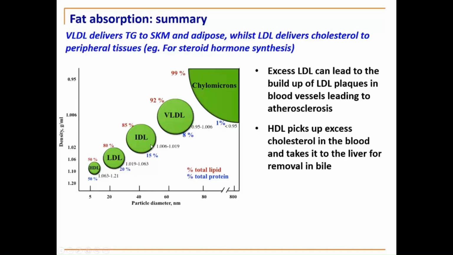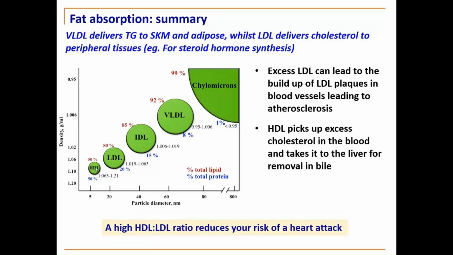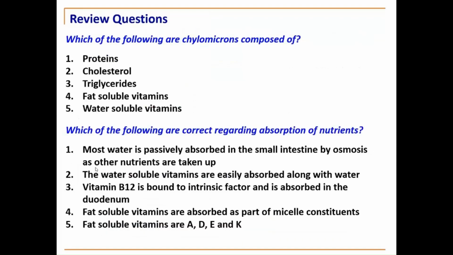IDL is intermediate density lipoprotein, so in between LDLs and VLDLs. And then you've got your high density lipoproteins as well. And of course, a high HDL to LDL ratio reduces your risk of a heart attack because you've got lots of good cholesterol and lower amounts of bad cholesterol.